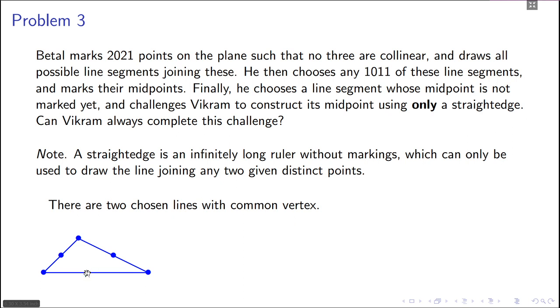So this is, of course, possible, because if you join these two, then this is the centroid, and if you join the centroid and one vertex, it will go through the midpoint of this. So with this method you can construct the midpoint of the third segment, and basically now you have a triangle with the midpoints of all the three sides.